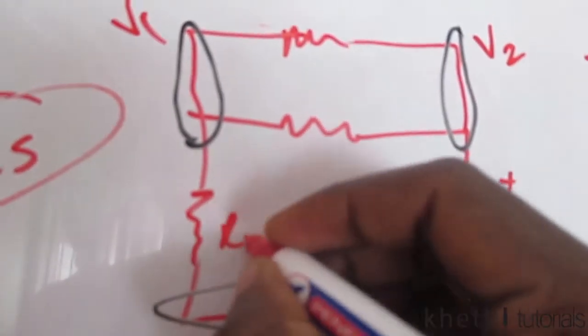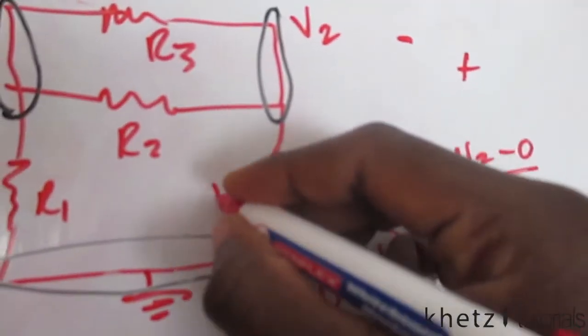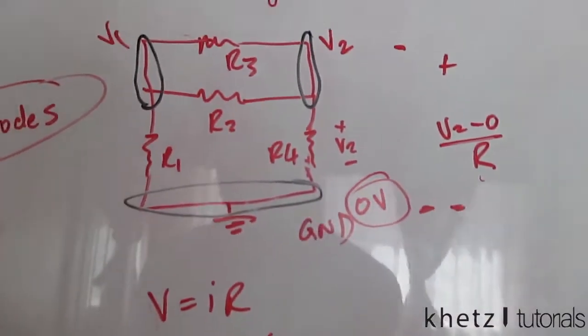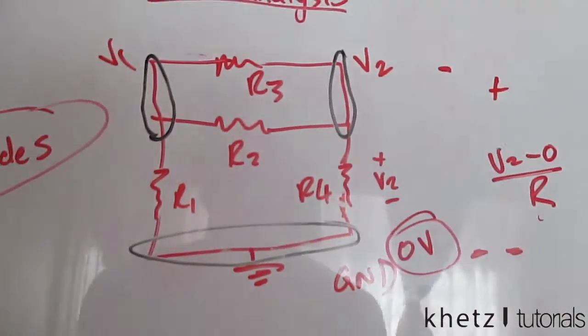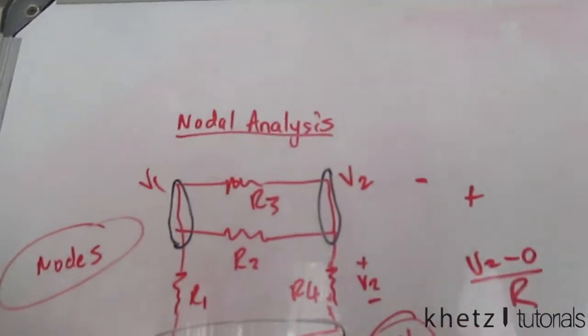Let's call this R1, this R2, this R3, and this one R4. Now I want to form some random equations to show you how you do nodal analysis, or how you combine the formulas for each of these.